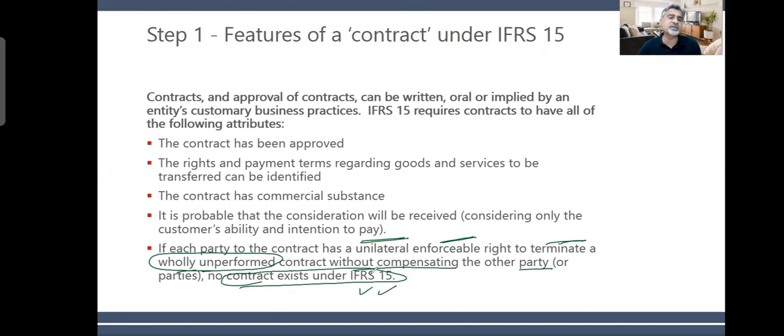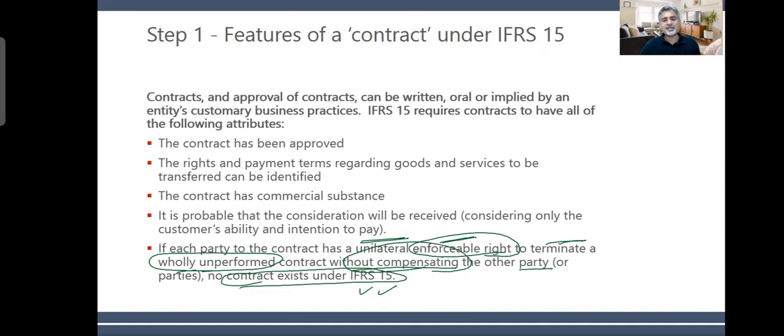IFRS 15 will not consider it as a contract, which means that one party has a right to terminate the contract. Like I can terminate the contract just from my side, without asking you, without taking your consent, just unilaterally, single-handedly, and without compensating the other party. I don't compensate you.